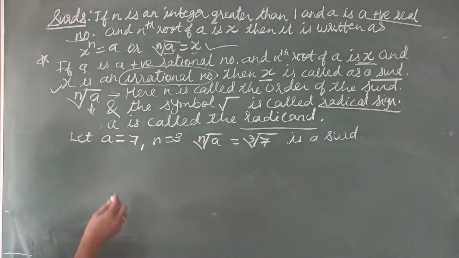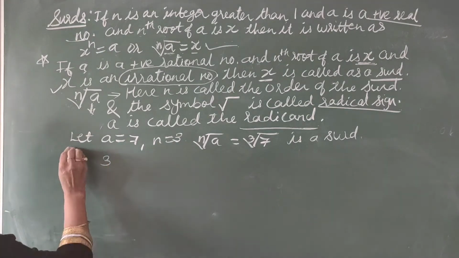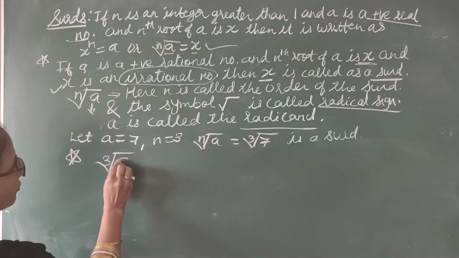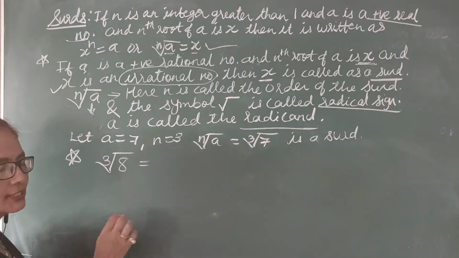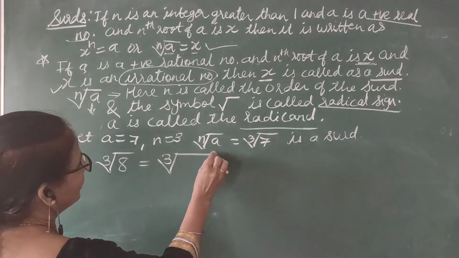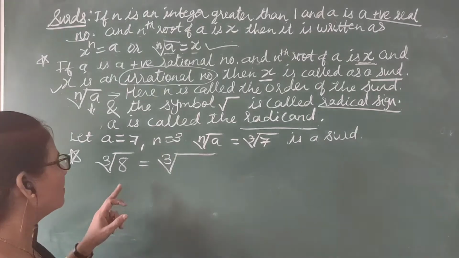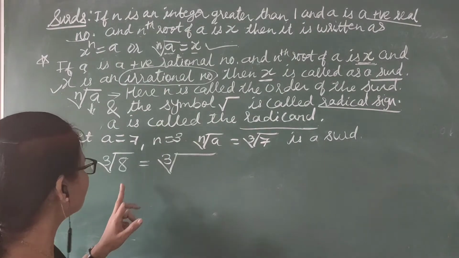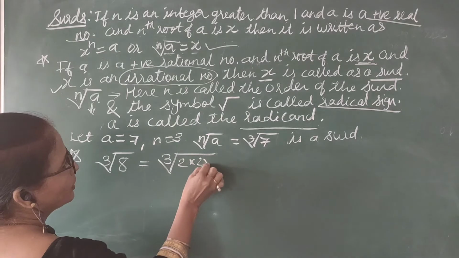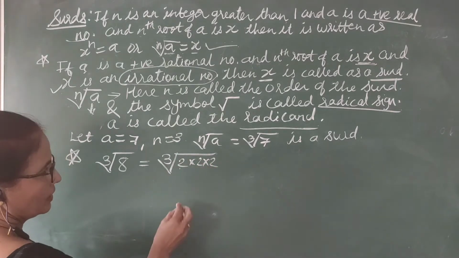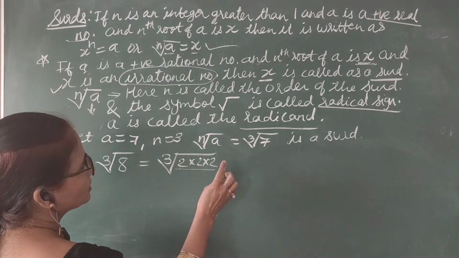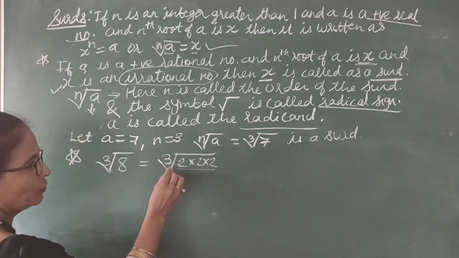Let's take one more example, cube root of 8. Now see here the order is 3. What are the prime factors? Children, simple, you always find the prime factors. So 2, 2, 2, and 2 to the power 3 is 8. Now as you can see, this 2 appears 3 times, so it is a perfect cube.